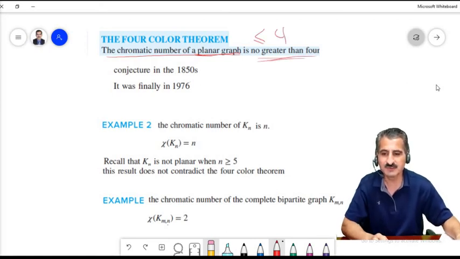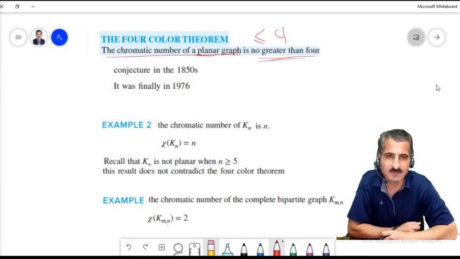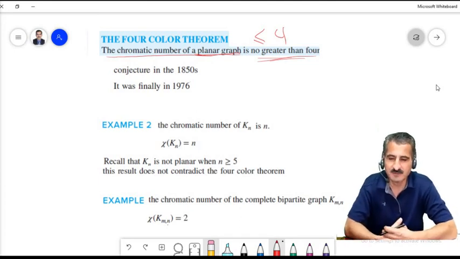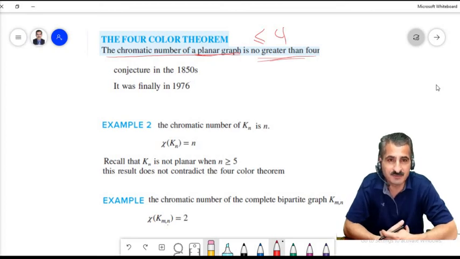This theorem tells you that if we have a graph which is planar, then 4 colors are enough, and maybe less, to color the graph.